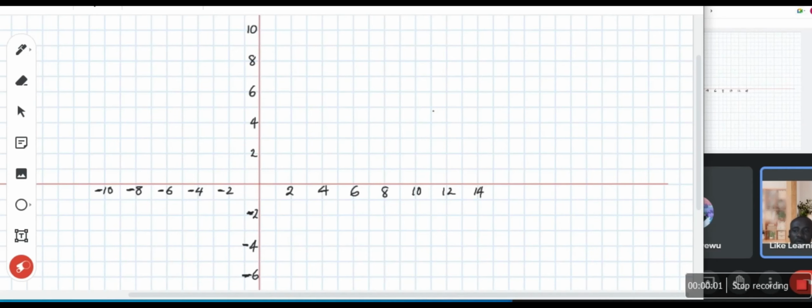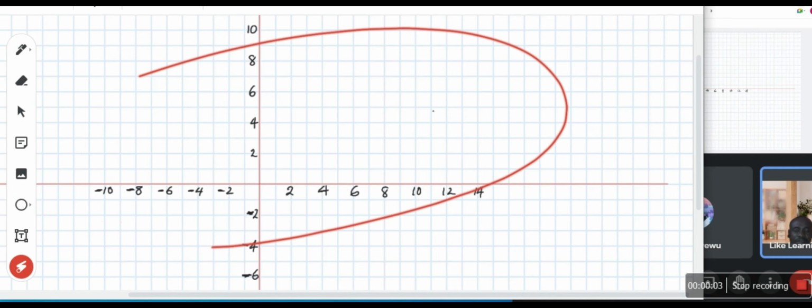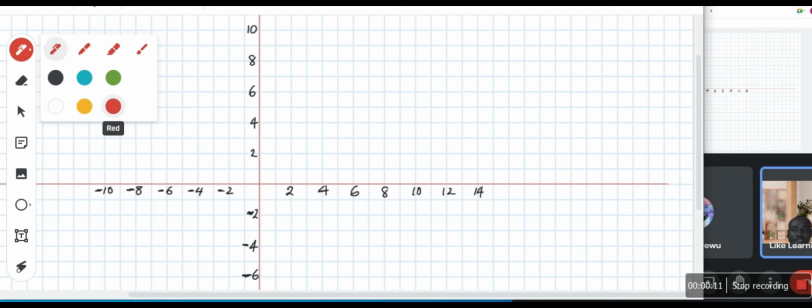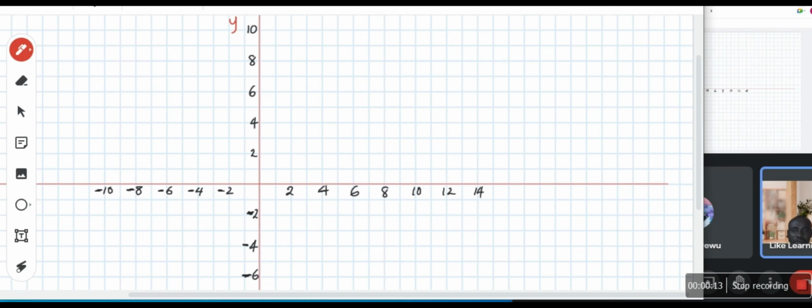Now this is what we call coordinate geometry. That involves graphing and all that, okay? For instance, a graph has two axes. The vertical one is what we call the y. The horizontal one is what we call the x. The y has a positive side going up and a negative side going down.